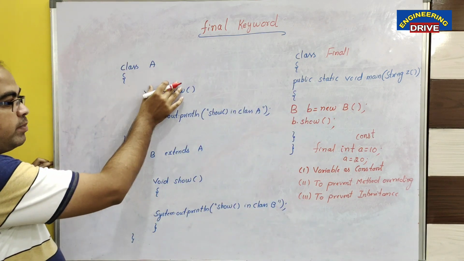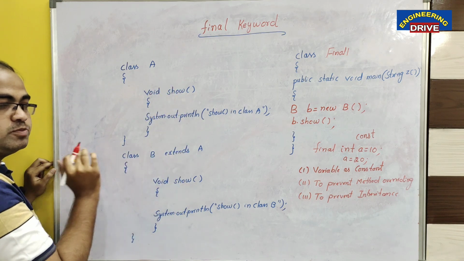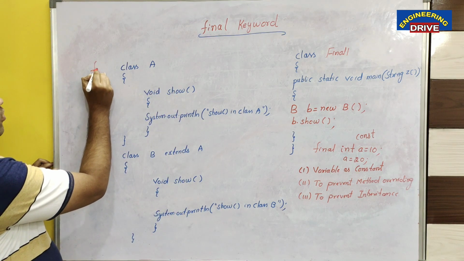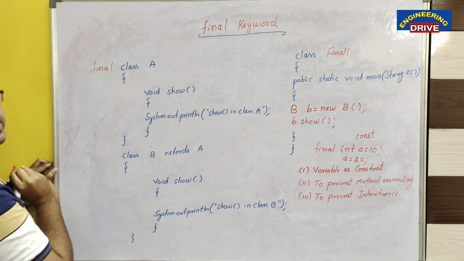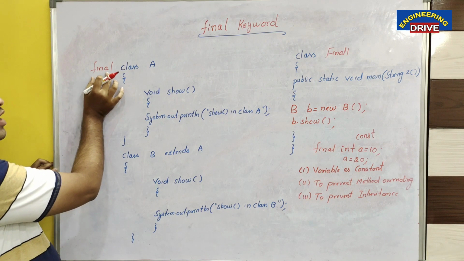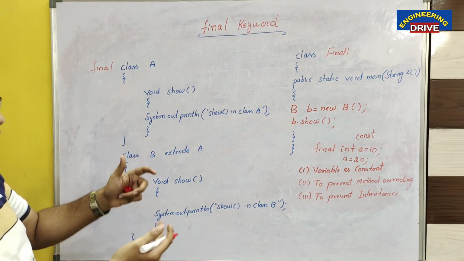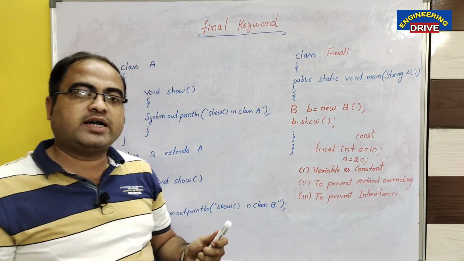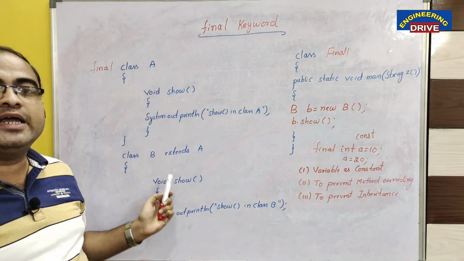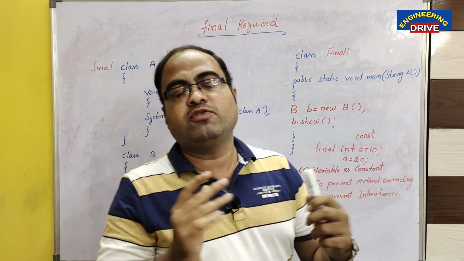So what I can do simply, for class A I can make use of the final keyword before it. That's all. Final class A. Now if you try to execute this program, you will get an error. What error? Class A cannot be inherited as it is declared as final.